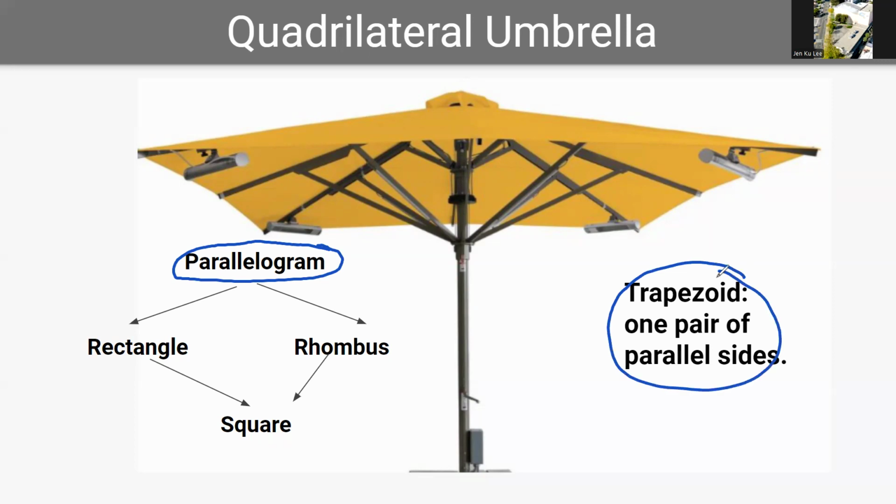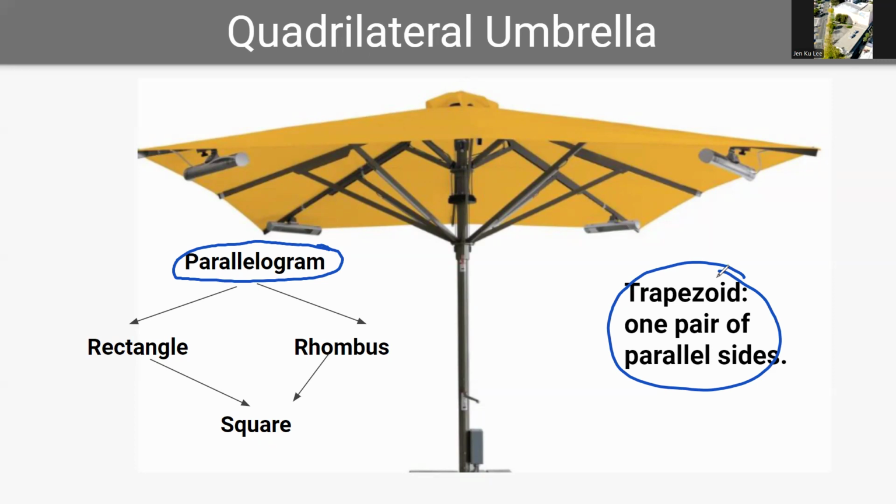The trapezoid strand is just one pair of parallel sides, and we're not going to talk about that, right? But they're a quadrilateral because it has four sides, but that's a whole different lesson. Okay, that's a different strand from the parallelograms that we're dealing with.